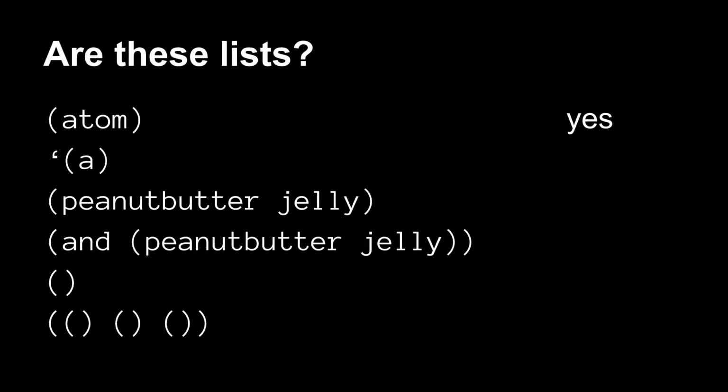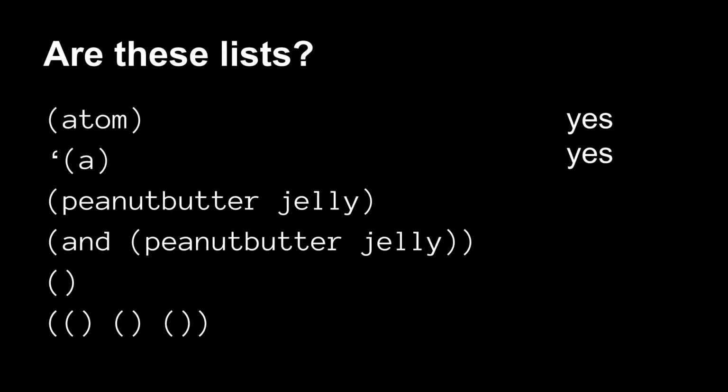Well, what about the next thing? It has a quote in front of it, but it's got an atom inside of the two parentheses. Well, that's also a list. It just happens to be a quoted or symbolic list. And as I said before, putting a single quote in front of something makes it a symbol. But it's still a list.